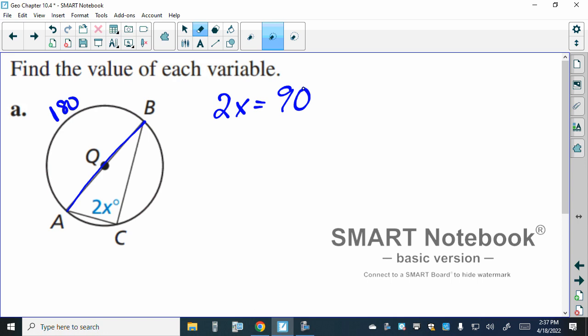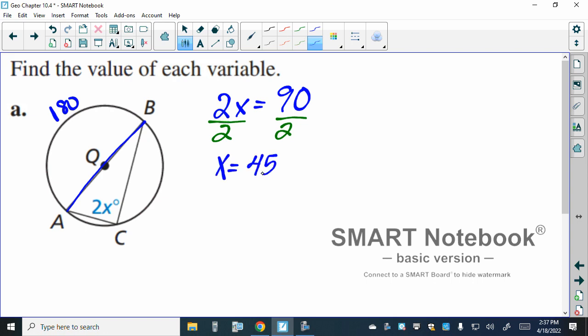Because we can say that 2x is equal to 90. To solve for the value of x, we would divide both sides by 2, telling us x is equal to 45 degrees. Or just 45. Questions on this here?